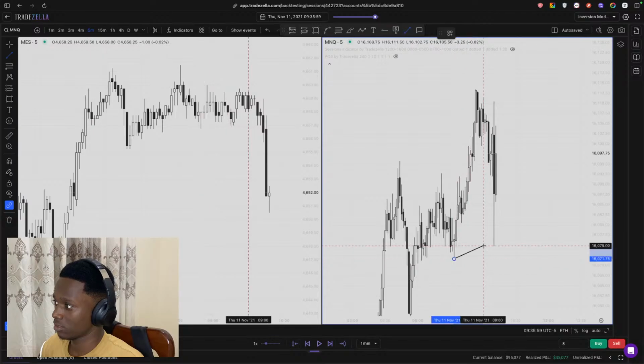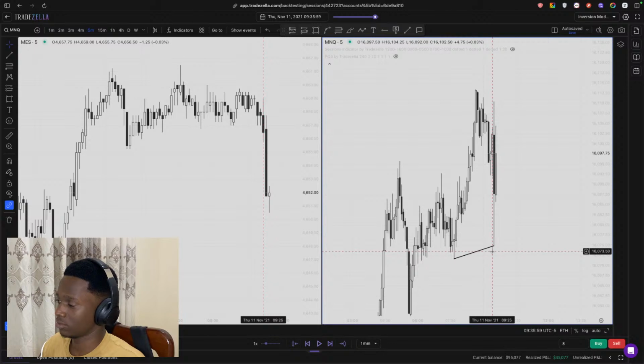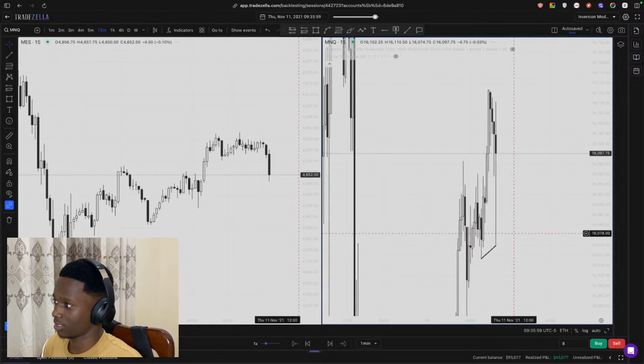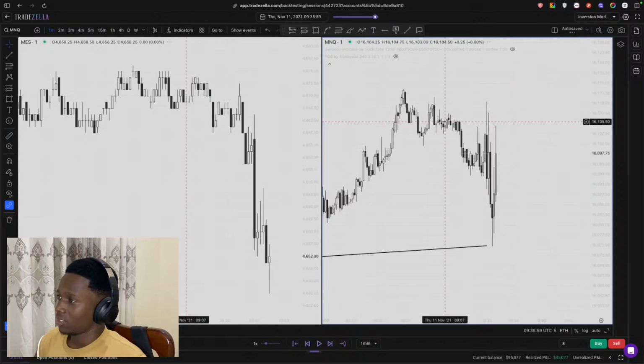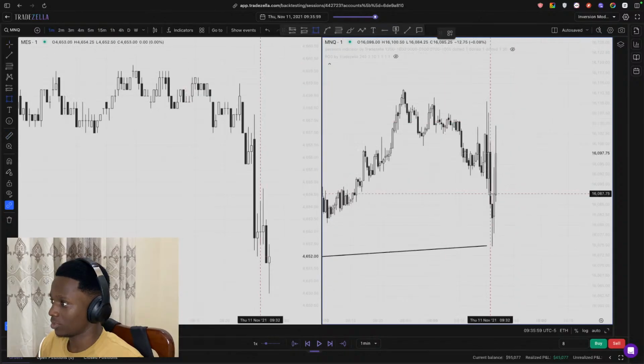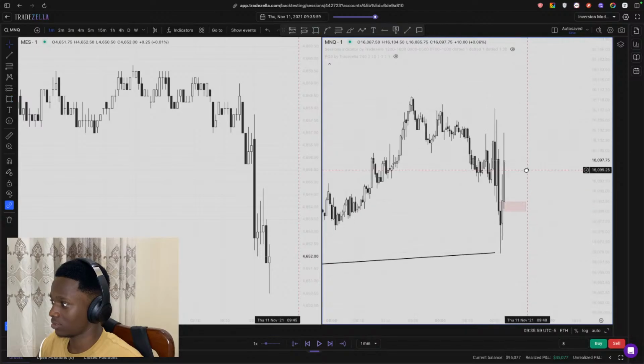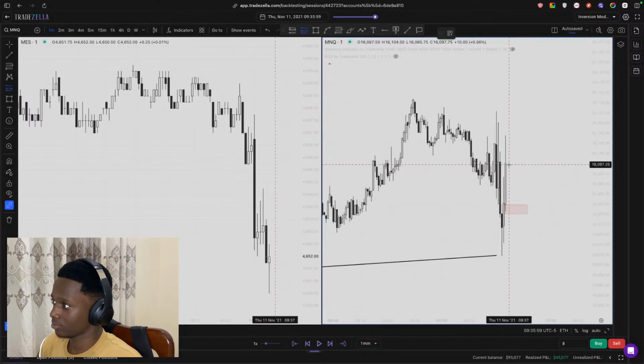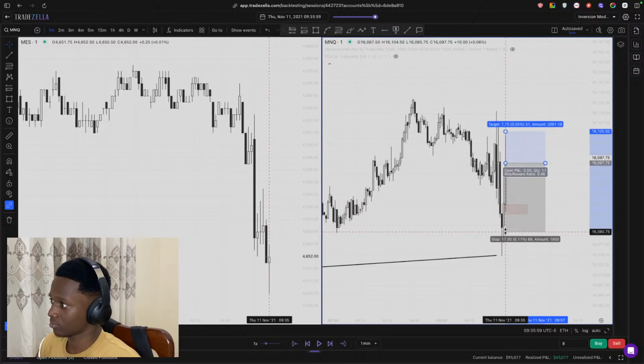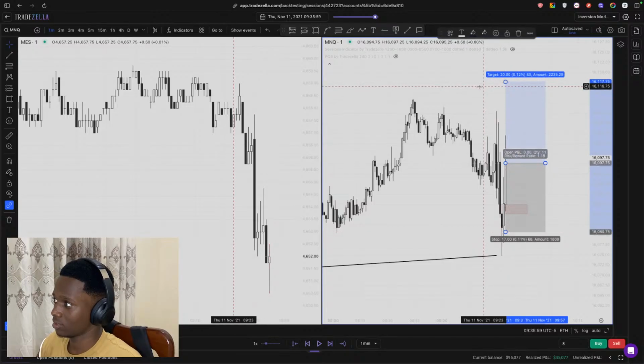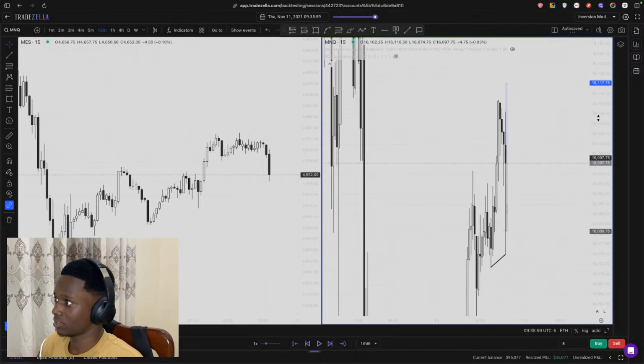There's an SMT here, from here to here, and it's not a 15-minute gap, I believe. Actually it's a 15-minute gap, this one here, and we have a small SMT right here. If you can take 1-to-1 here, targeting these highs here.